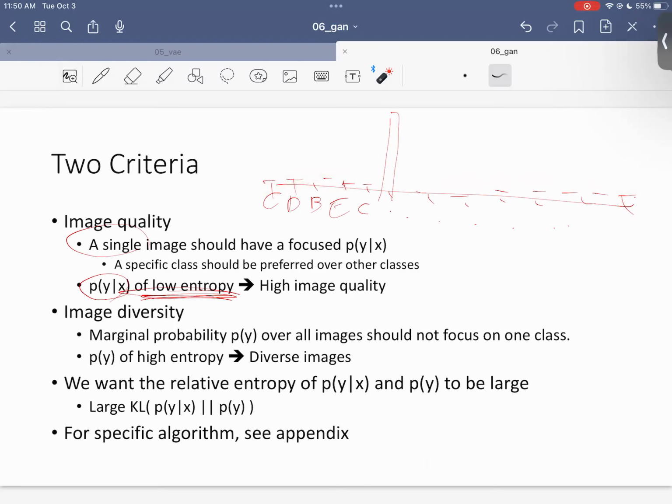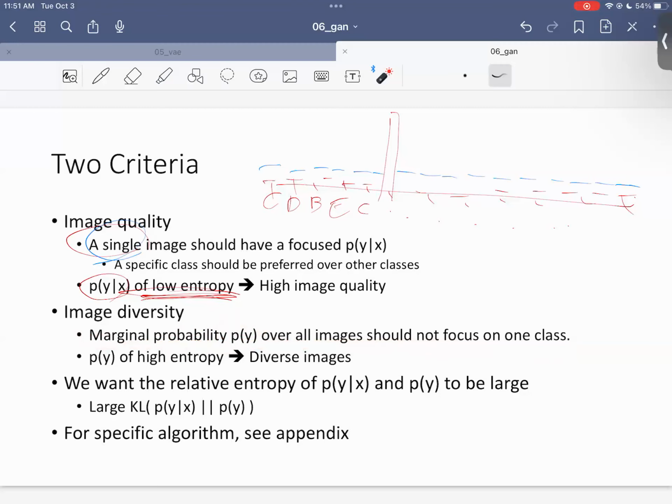When it comes to image diversity, we want the marginal probability p(y) over all images to not focus on one class. We want it to be non-zero everywhere, so high entropy in this case. So for a single image, low entropy; for all images, high entropy.